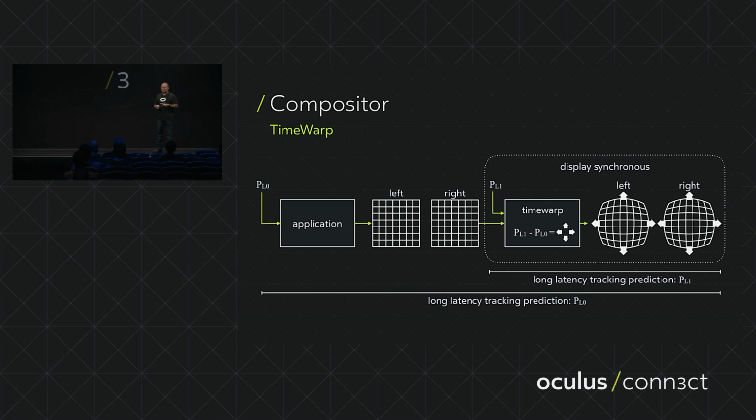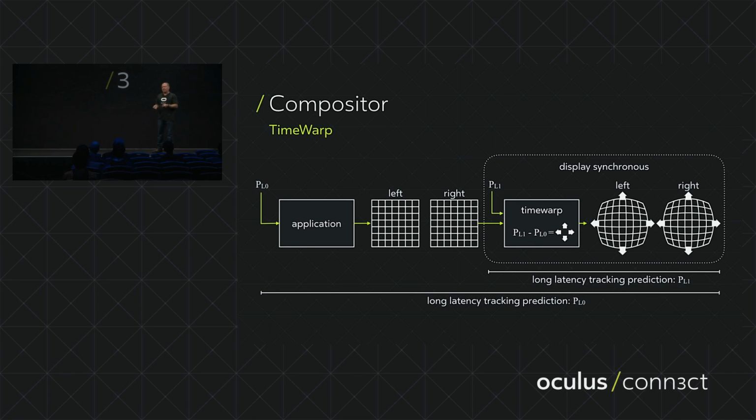We'll check the fence to see if they are. But we find the latest ones that are available. And then we do another prediction for that particular display time to see how much error there was in the prediction that the application got tens of milliseconds ago versus the one that we have now, just 8 milliseconds away from display.